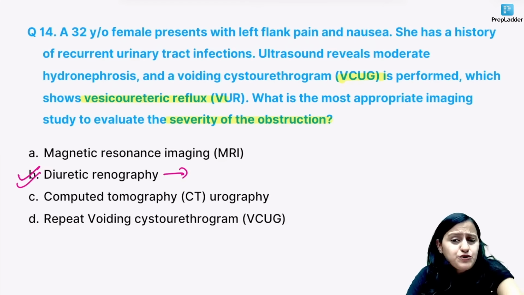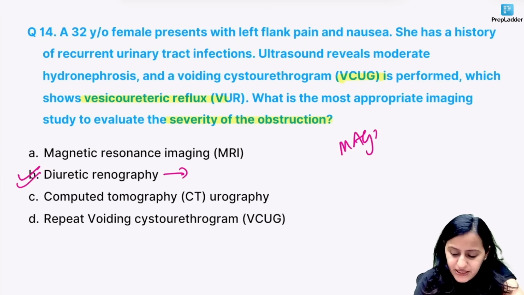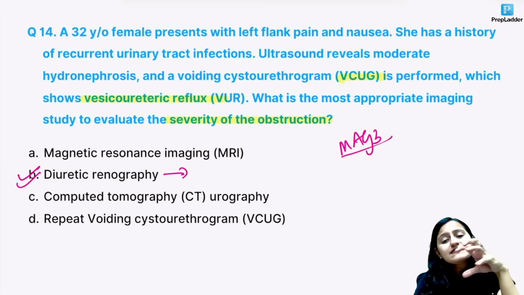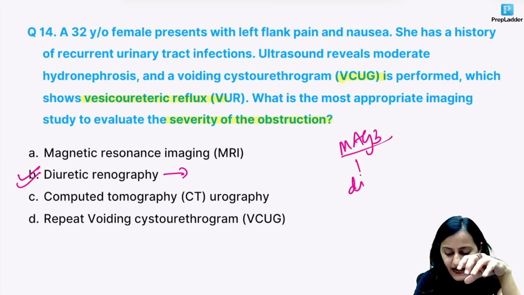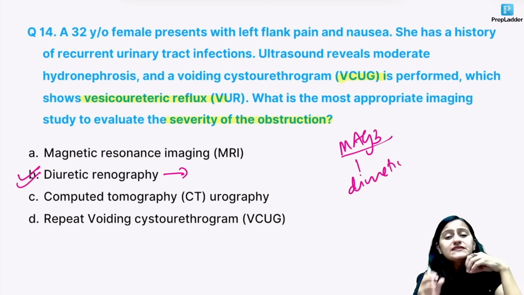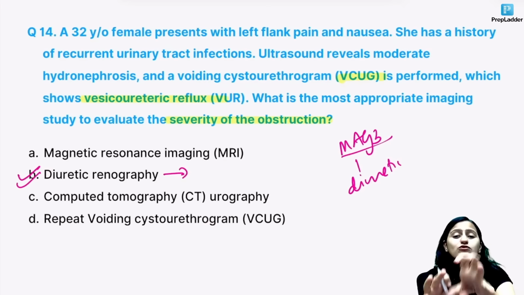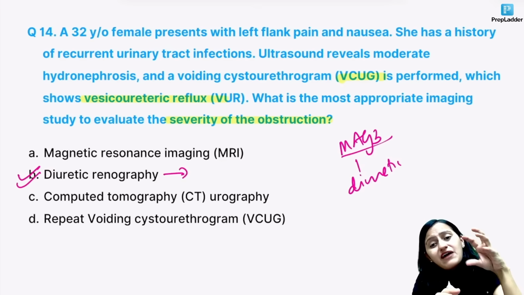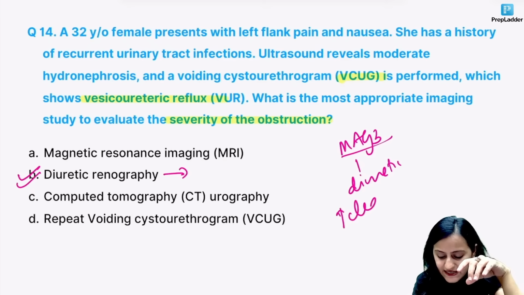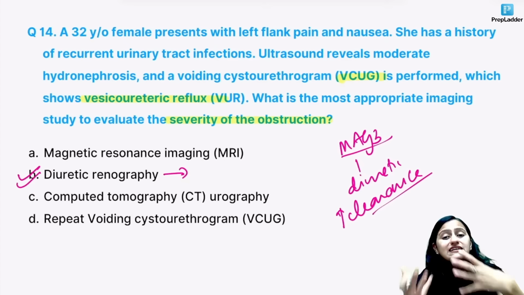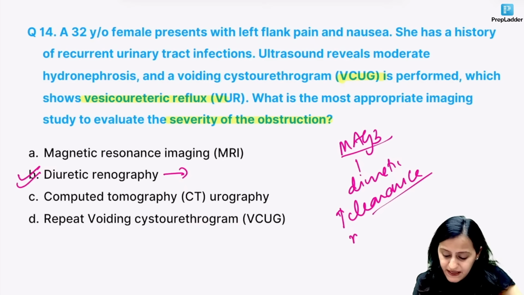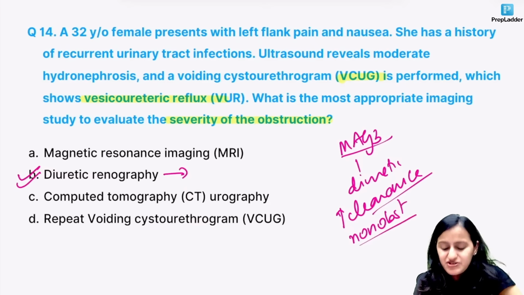So you know what is the best nuclear scan for the overall renal function? The MAG3, right? So after giving this MAG3, we give a diuretic to the patient. This diuretic basically will force the excretion. So if after the diuretic, the clearance is becoming faster, the clearance is increasing, that means it is a non-obstructive pathology.